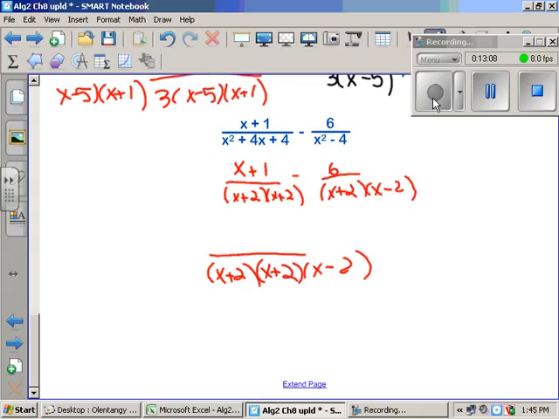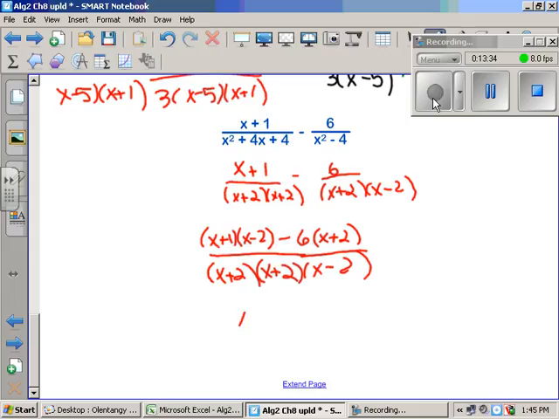Okay, so to get from here to here with this one, I've got to do x plus 1 times x minus 2. And to get from this one to this one, I'm going to have to add another x plus 2. So I'm going to subtract 6 times x plus 2. Okay? Then I got to FOIL, distribute, and combine like terms.